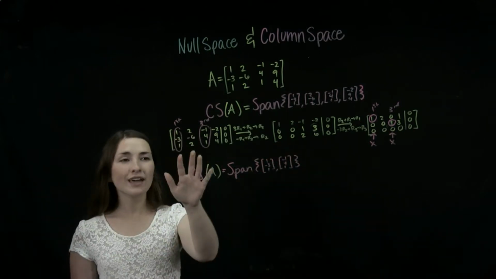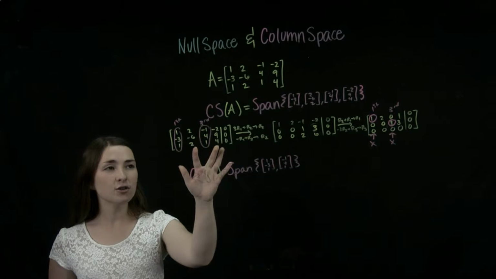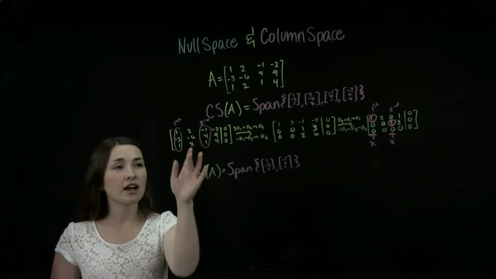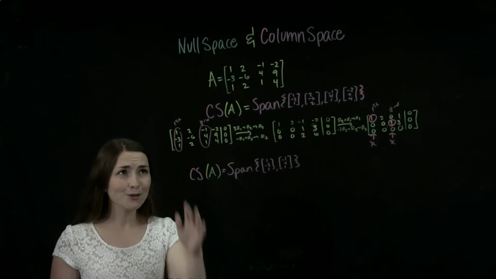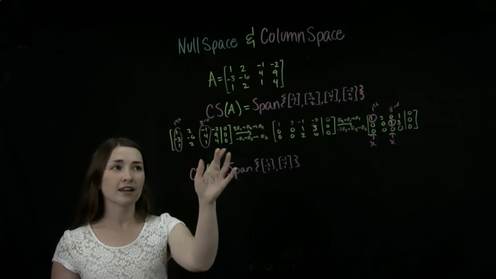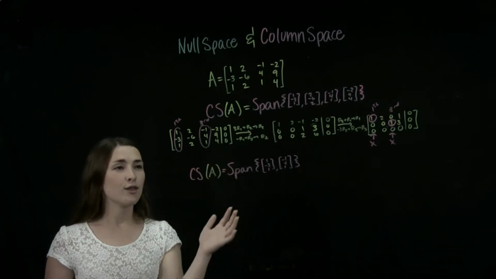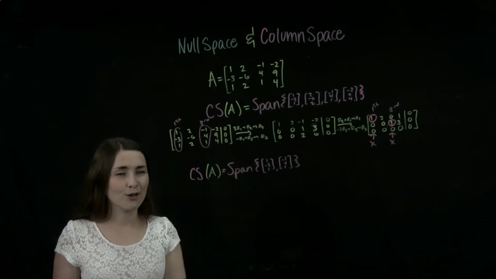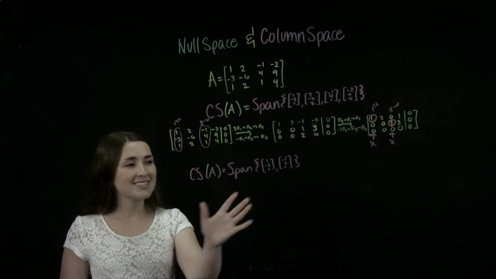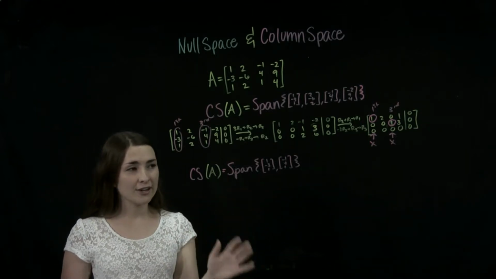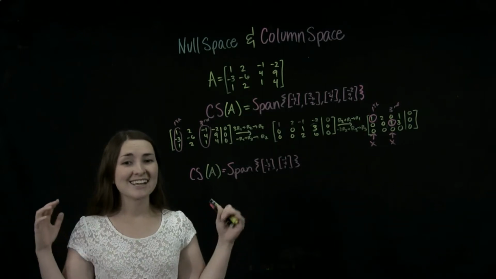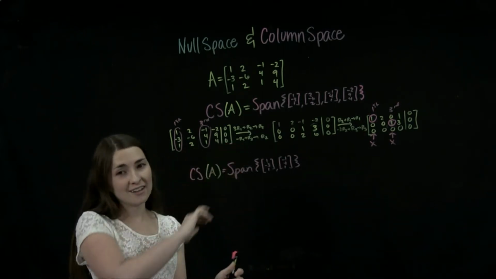So you'll notice that we can actually write these two columns as linear combinations of these two columns. Column 2 is just a scalar multiple of column 1, and column 4 is a little bit trickier, it's not just a regular multiple of one of the other columns. But we'll see that this here now is our linearly independent set, and it spans all of the columns.